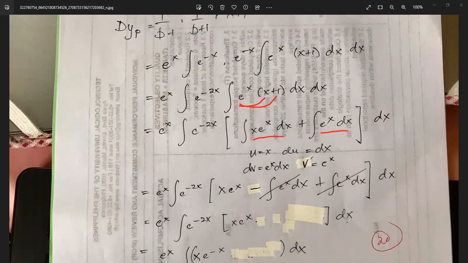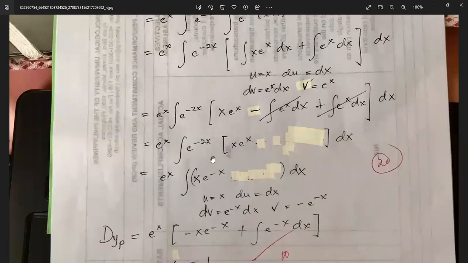And I have here the differential of x. Now what happens is this. You will now multiply these two. You will have x e raised to negative x dx. Another by parts here. So this is the way you do it. And since this is negative, instead of a negative integral here, that would be positive.